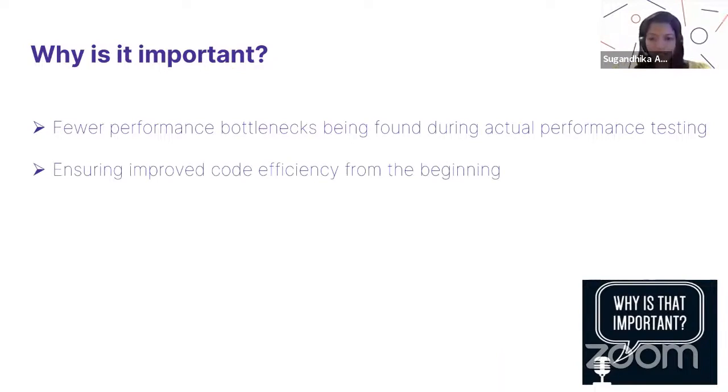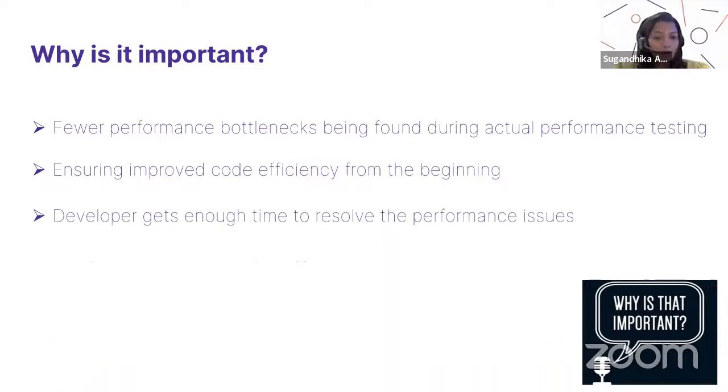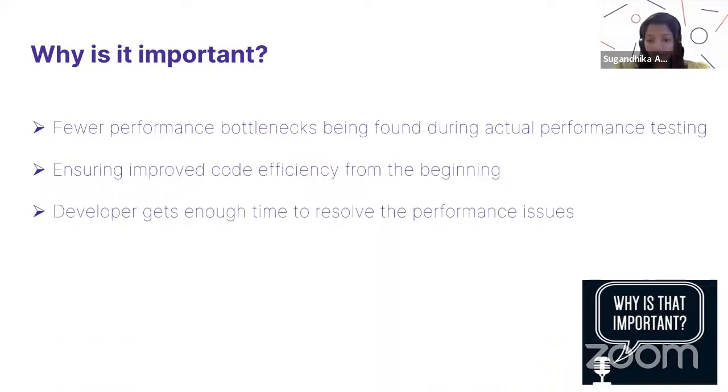With early performance testing strategies, we could ensure improved code efficiency from the beginning of the software development lifecycle. Also, developers get enough time to resolve issues as they are identified in the early stages. Overall, early performance testing would make less burden at the time of the project delivery.